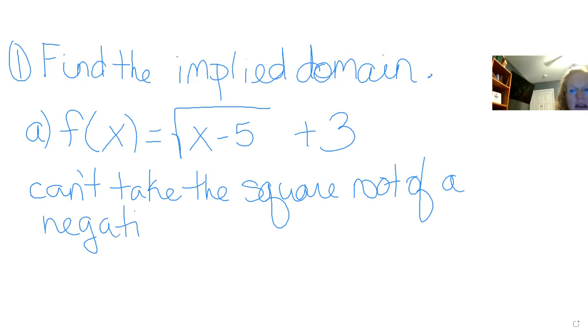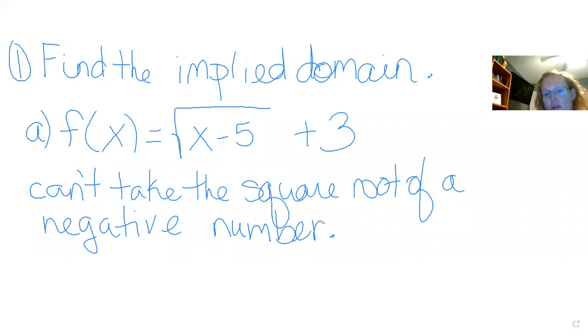I always tell students that if you don't believe me, grab your calculator, plug in something like square root of -4, and it's going to tell you that there's an error.